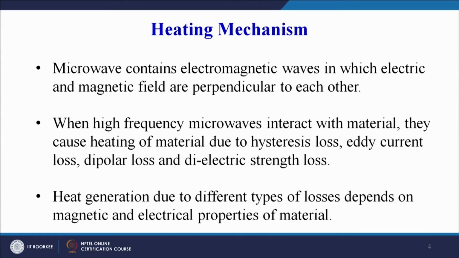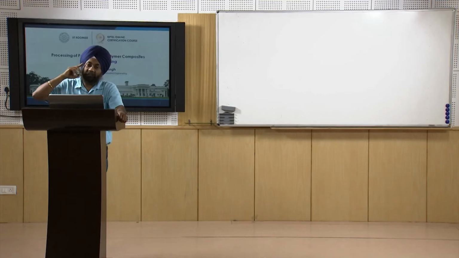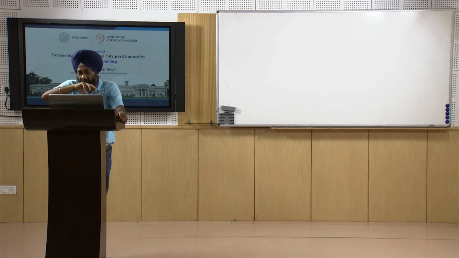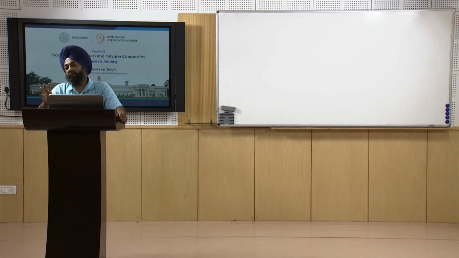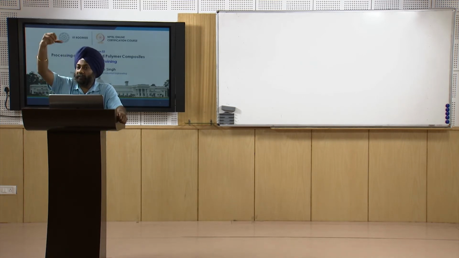When high frequency microwaves interact with the material, so we have an applicator in which we have kept our sample, we have a port from where the radiation is being input into the applicator or into the cavity. So from the source the microwaves are coming, they are interacting with the material, they cause heating of the material.